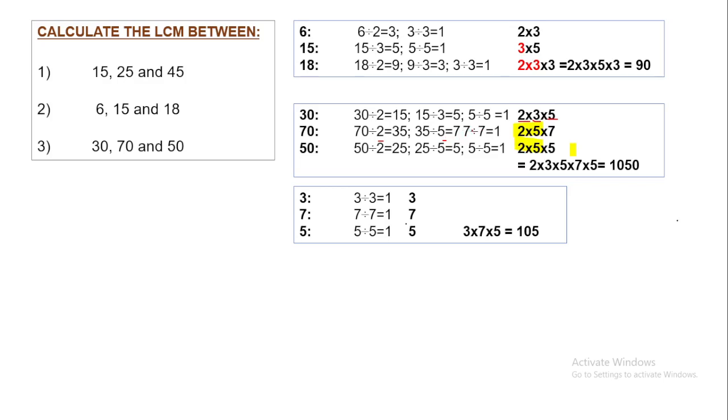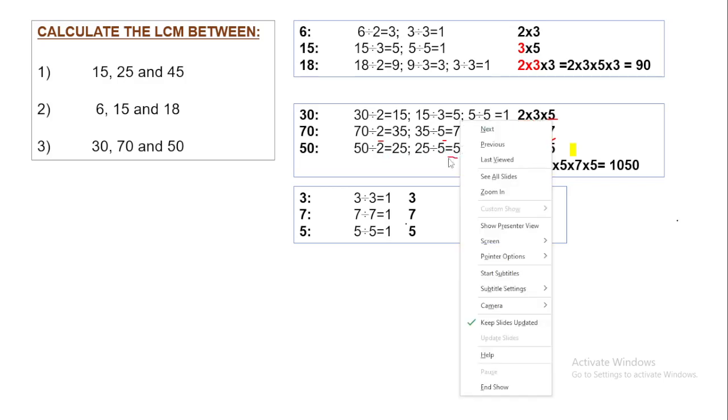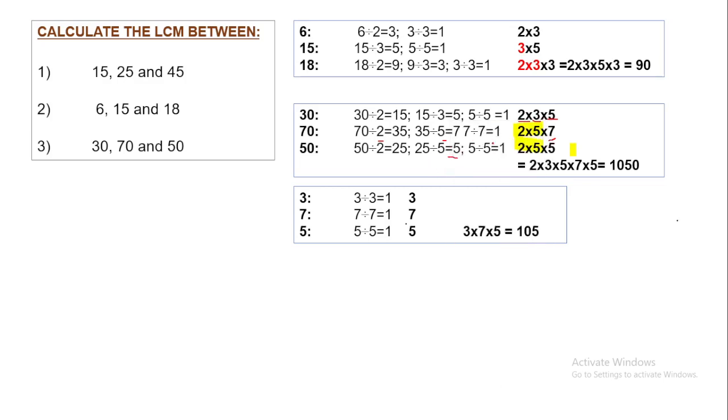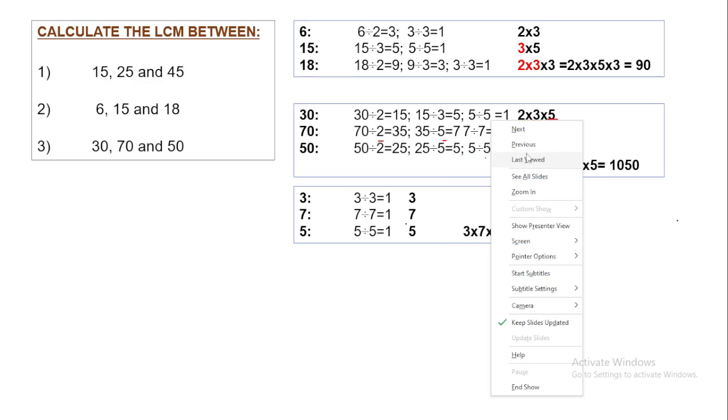So 7 divided by 7, giving us what? 1. And then for the last one, it's 50. 50 divided by 2 gives us 25, and 25 cannot be divided by 3, so we jump 3 and move to 5. Therefore 25 divided by 5, giving us 5, and 5 can only be divisible by 5 again. So 5 divided by 5, giving us 1.